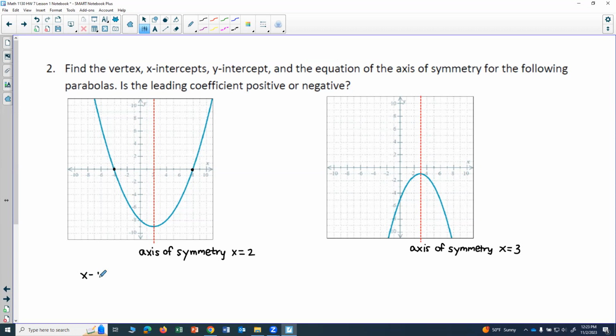So for the x-intercepts, I'll abbreviate it x-int, we're going to have (-4, 0) and (8, 0). Over on this right-hand graph, we can see that the graph never actually crosses the x-axis. So over here, we would have no x-intercepts.